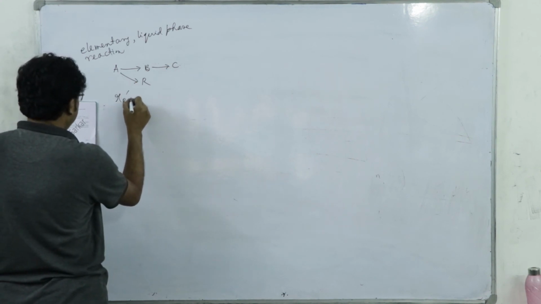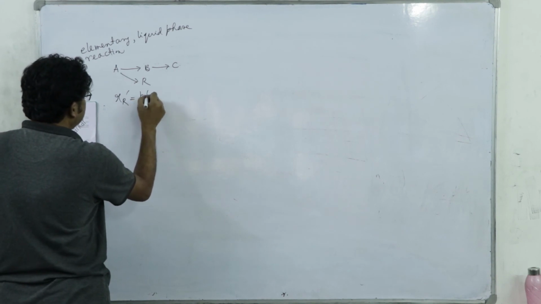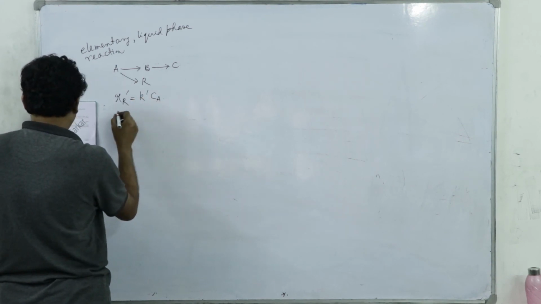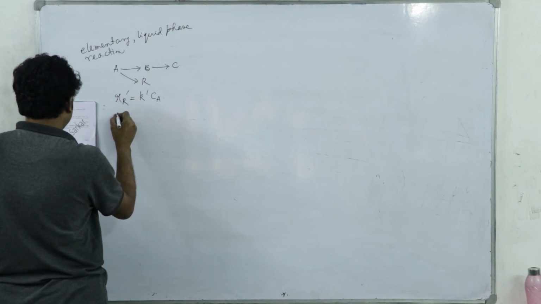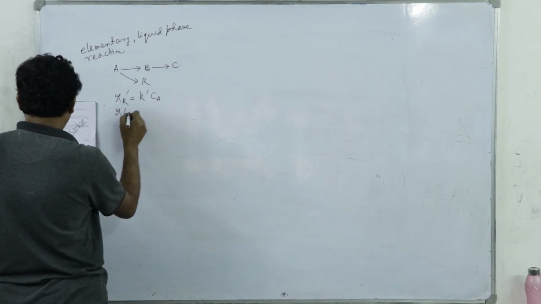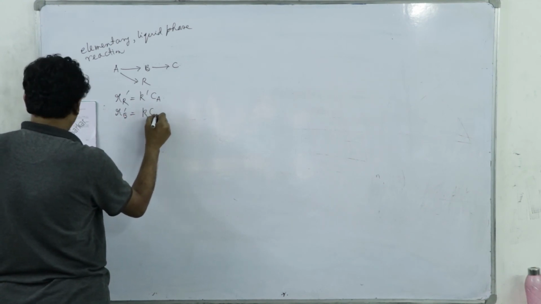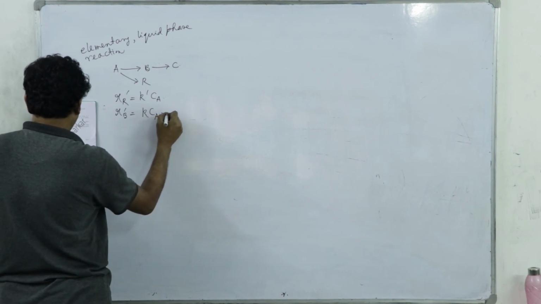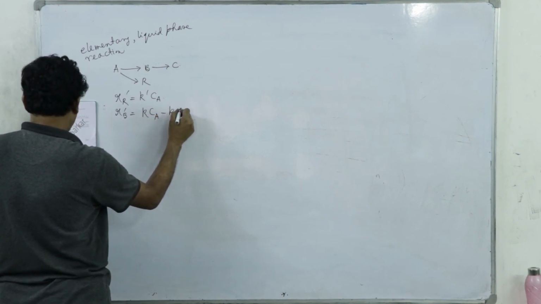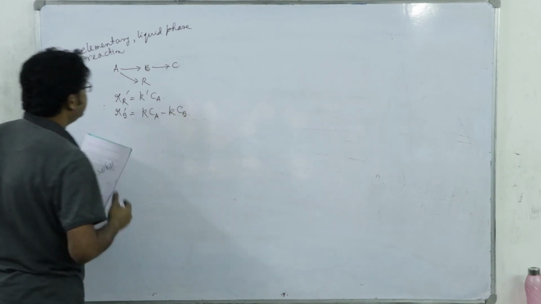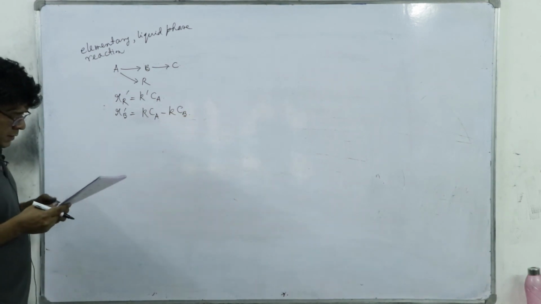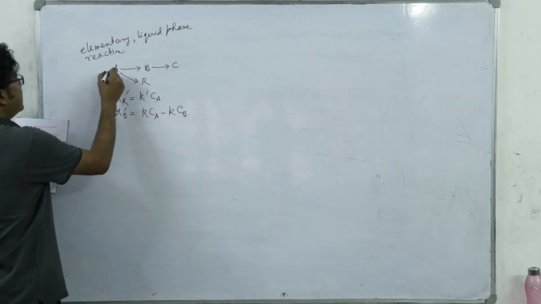So rate of R is K prime Ca, and rate of B is K Ca minus K Cb.